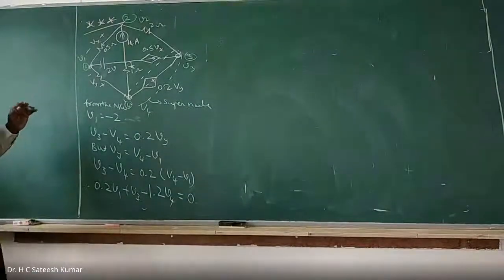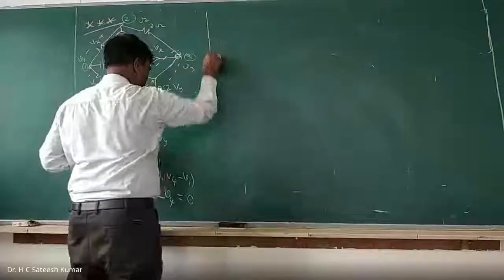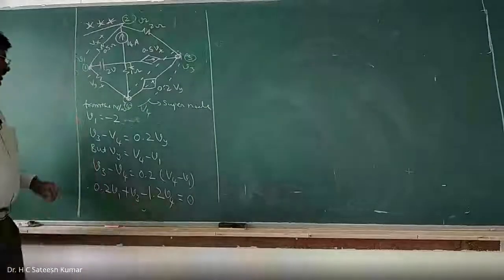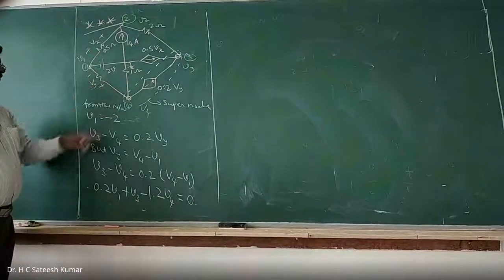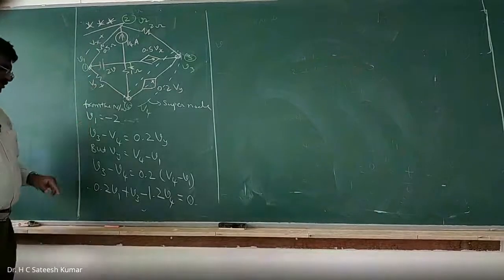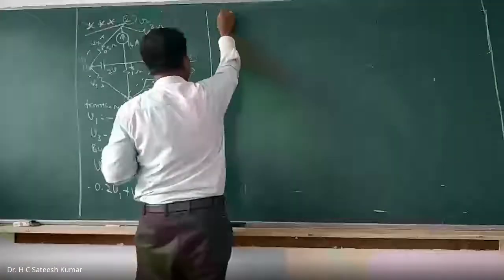Okay, right. Now, eliminate V1 because we have 4 unknowns, V1, V2, V3, V4. Therefore, eliminate V1. So, substitute for V1.